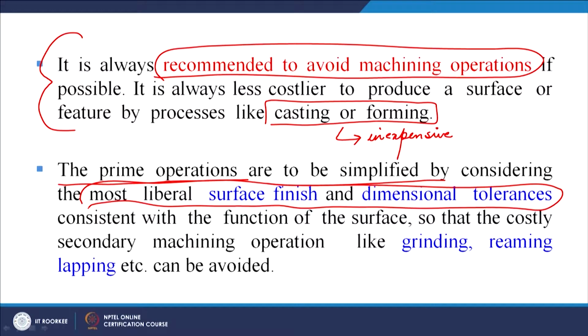Very, very important. Many times in the beginning of this course also I have told that designers may overemphasize the kind of surface finish. The customer may not be interested, even the customer may not know about the quality that can be achieved with different machining operations. But as a product designer, you always feel that it must be very smooth, a mirror-like surface finish must be there, but that adds to the cost of the product.